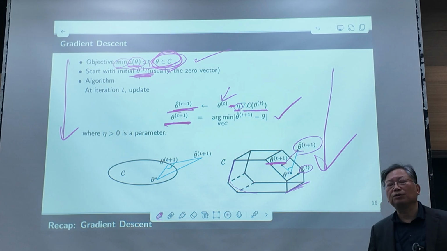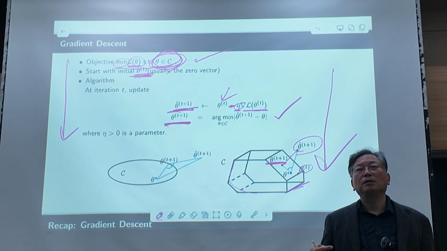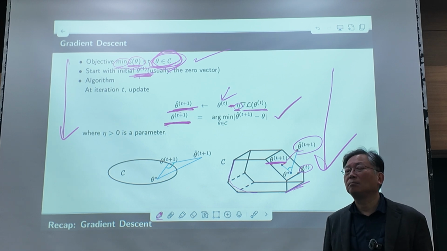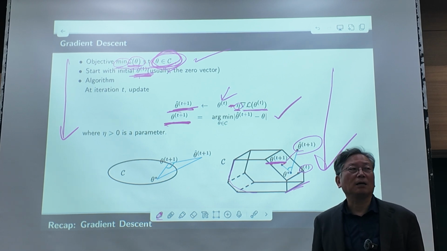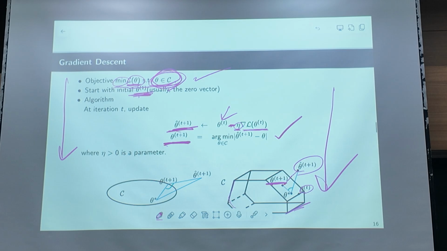I also introduced a method for obtaining a solution to the constraint optimization problem. Okay? An algorithm that will work for all cases. That was gradient descent. So you're given a general problem.